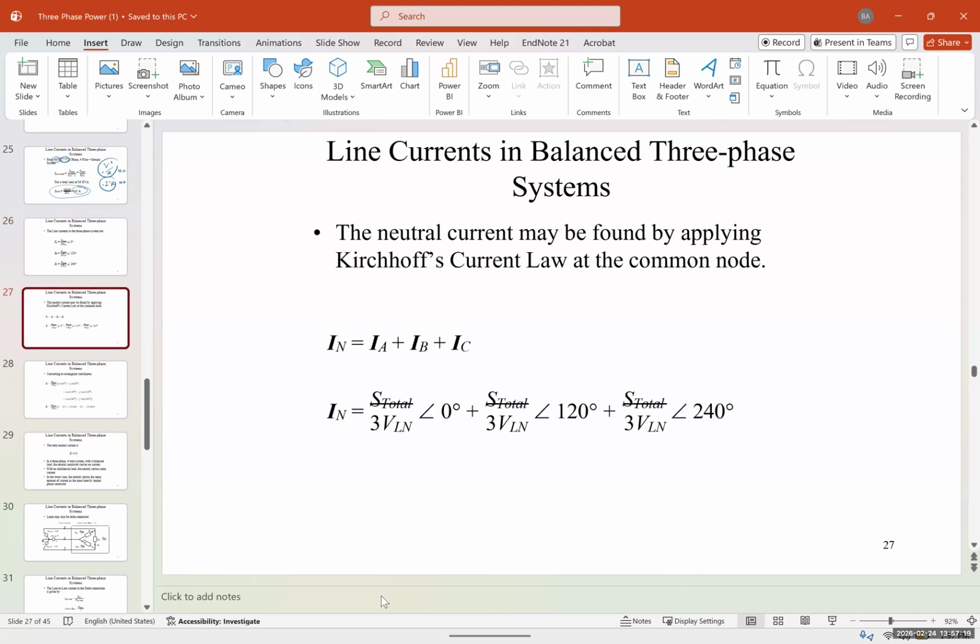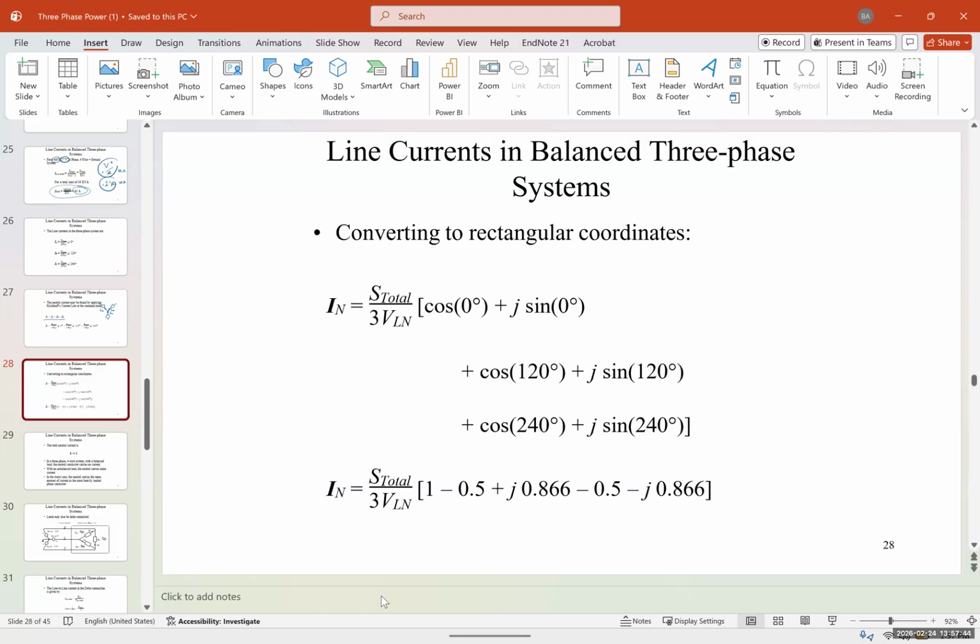And as I mentioned before, if I have a Y connection and all three phases are balanced, if I add these three currents, IA, IB, and IC, since they are all with the same magnitude, I'm going to get a total current.